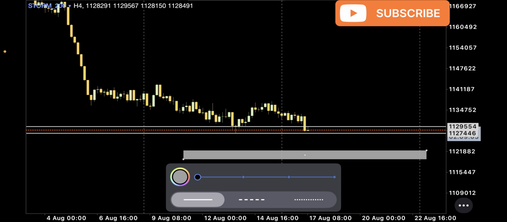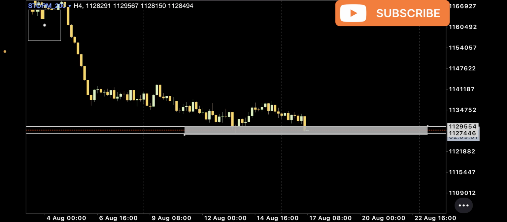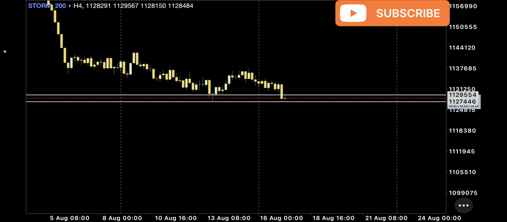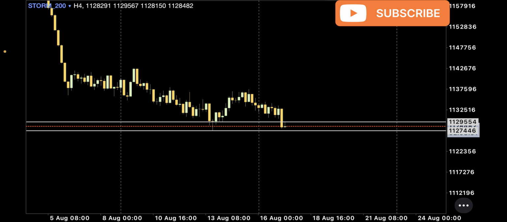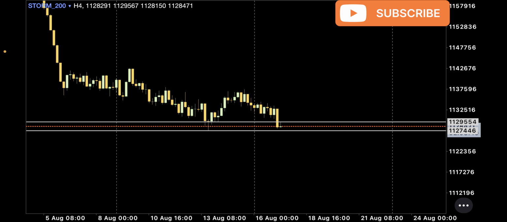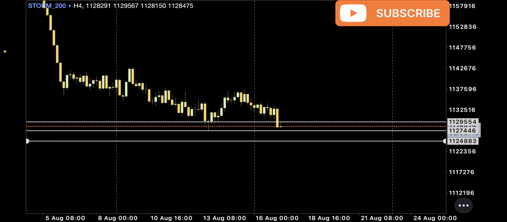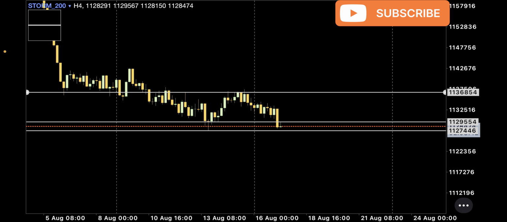Others use this and mark it like this, that's also fine. I like to use the lines to draw my zones, because I think it works perfectly for me. So let's start marking out areas where price has reacted.